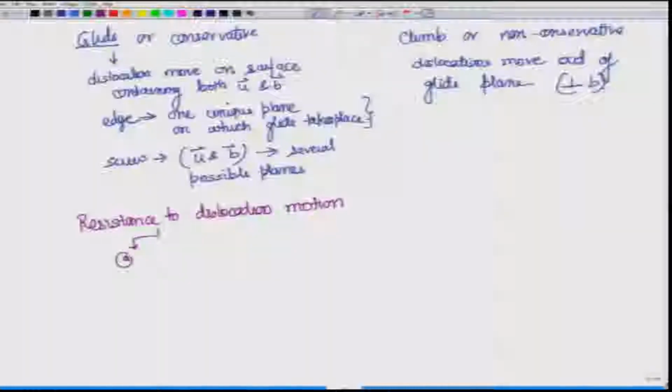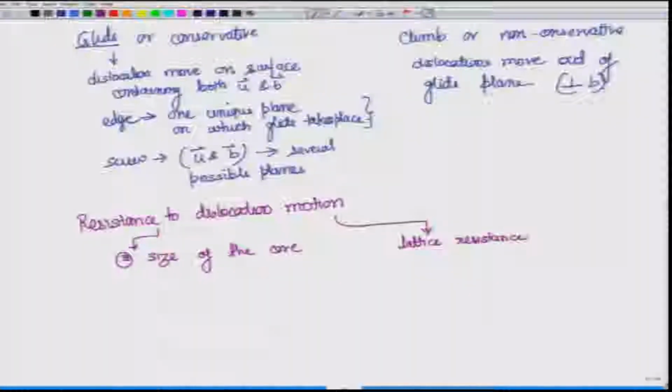One is related to size of the core, and the other is related to what we can call as lattice resistance.